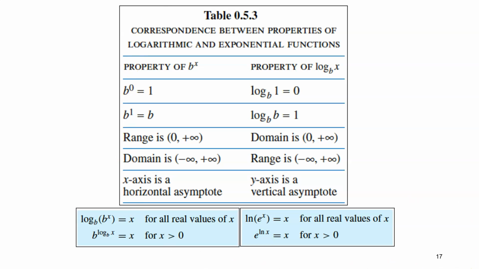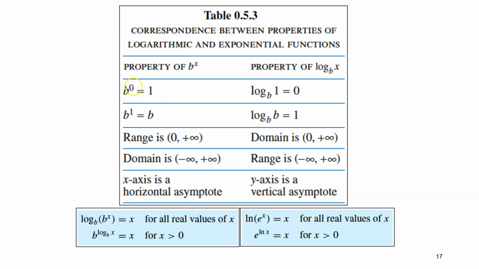So this is the correspondence between properties of logarithmic and exponential function. So you're going to see the difference. Don't get confused, even though these two are quite the same. Property of exponential, b to the power of x. This one is property of log, log x base b.